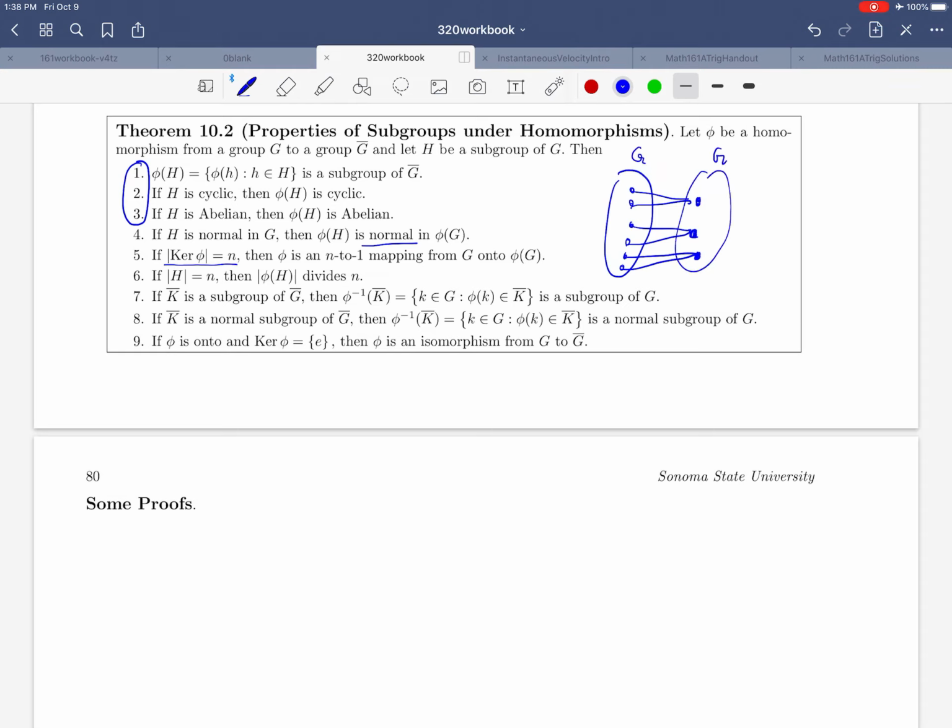So here we have G, here we have G bar, and so we have this 2-to-1 mapping. We saw that in example 3a. And then we had a 5-to-1 mapping in example 3b.